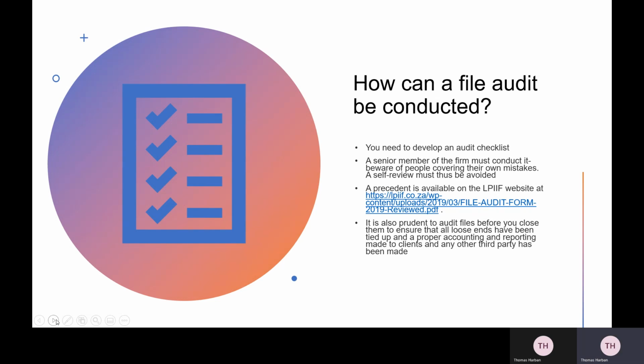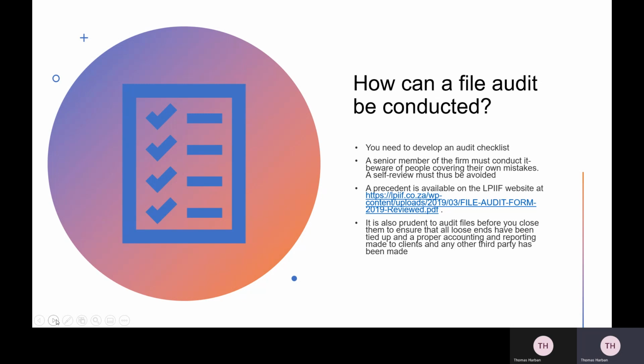So how do you go about conducting the file audit? You'll have to start off by drafting an audit checklist of what you will be looking for in each file. Do not despair. There is a precedent available on the LPWI website if you do not have such a checklist.